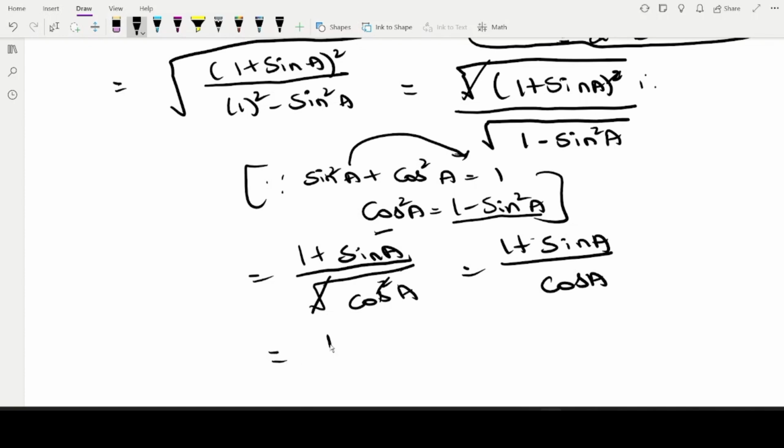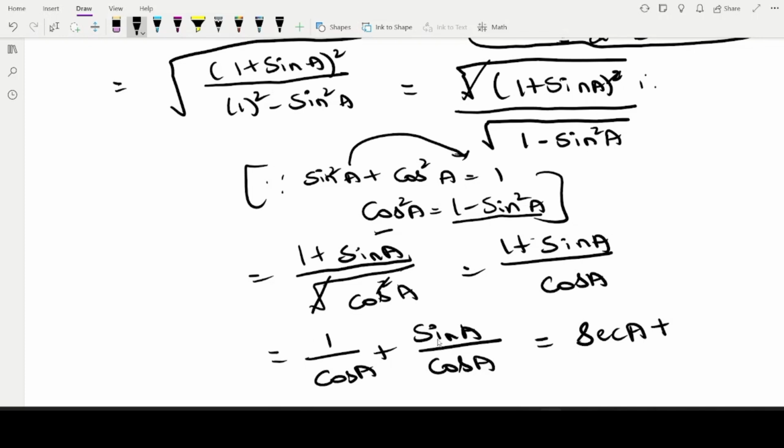Now we are splitting them. You can write it as 1 by cos A plus sine A divided by cos A. 1 by cos A is secant A, plus sine A divided by cos A, which is tan A. And this is the RHS part.